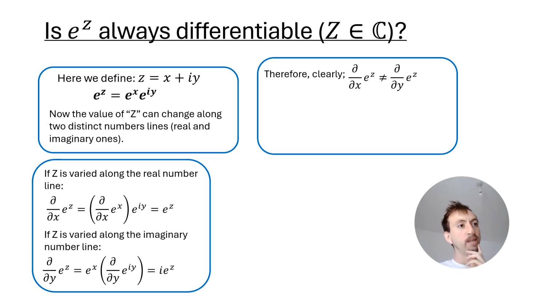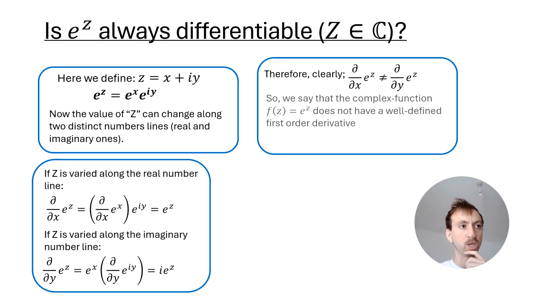So what that means is that there isn't enough context to make any sense of talking about the derivative of e to the z with respect to z, because we'll get different answers based upon whether we're varying z along the real number line or the imaginary number line.